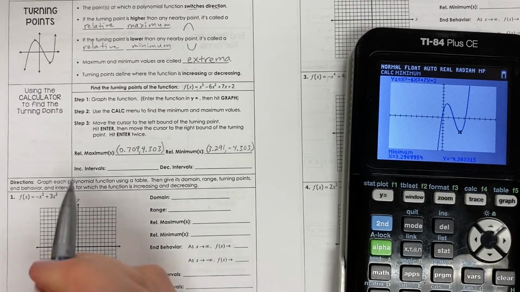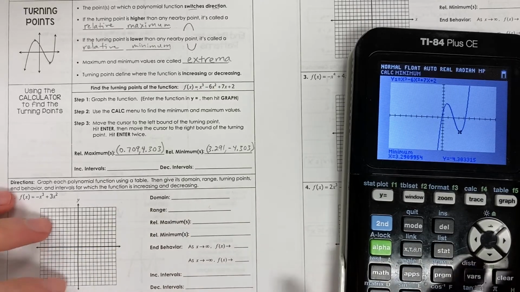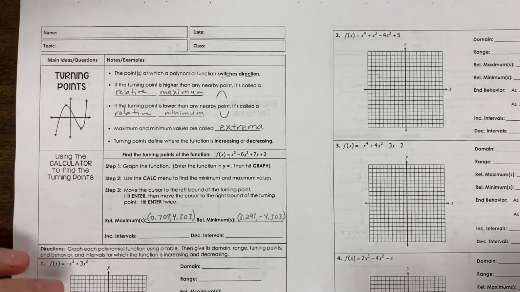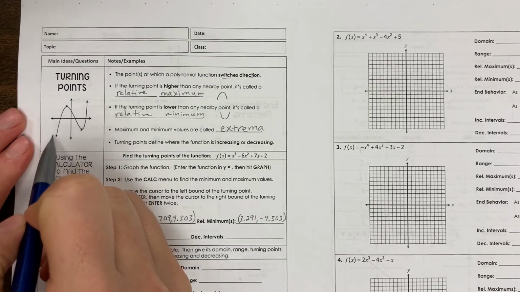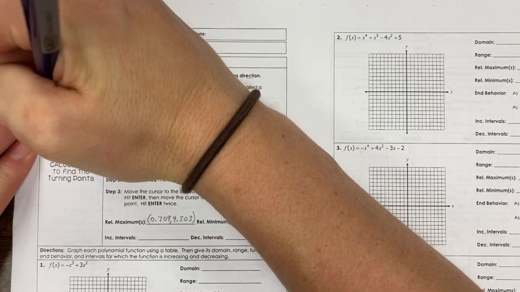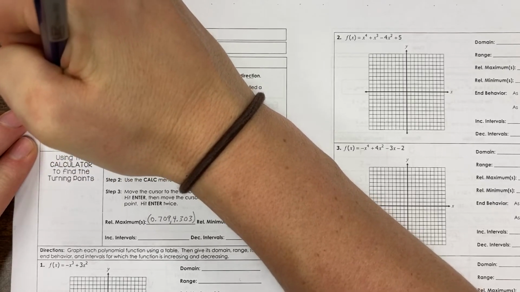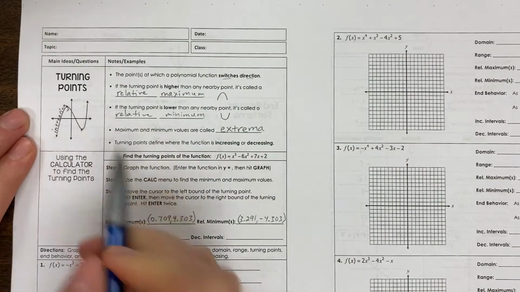Now it wants us to write down increasing intervals and decreasing intervals. So here's how you do that. If I look at this graph right here, we are increasing on this whole piece right here until you get to the top.